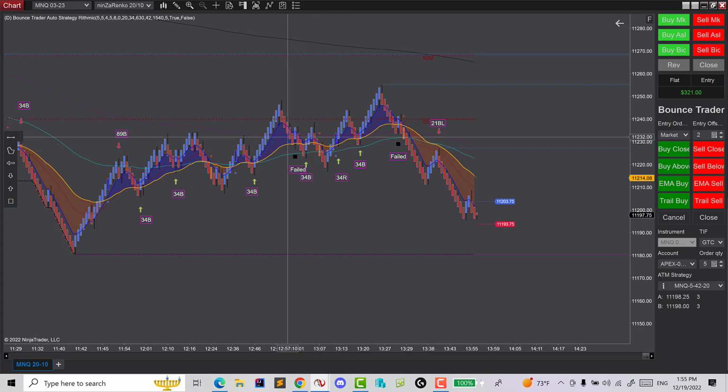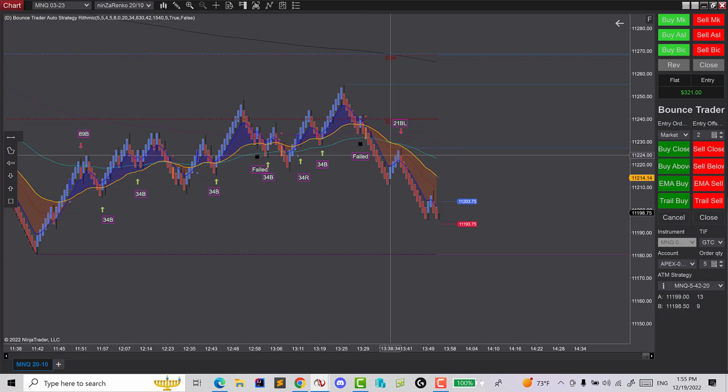Because we're still angulating long, and this is a 34R trade, rejection of a bounce. This one is a 34B trade. This one is a failed 34B. It was clean here, but it just failed.